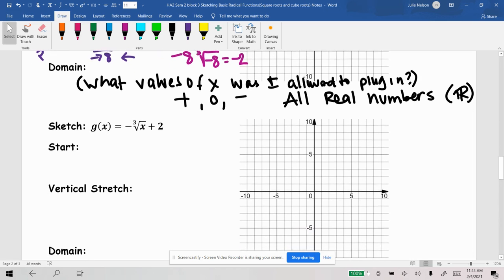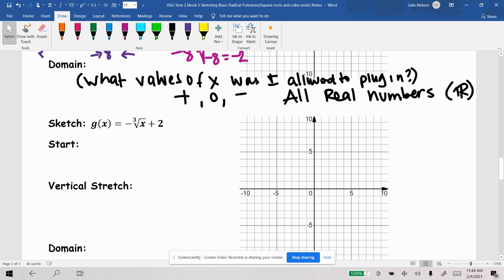So let's take a look at this next cube root function, g of x equals the cubed root of x plus 2. So I know it's going to be this stretched out S shape because it's a cubed root. I always do the opposite of the inside, keep the outside for where I'm starting. Well, there's no number inside, so it's 0, and the outside number is 2.